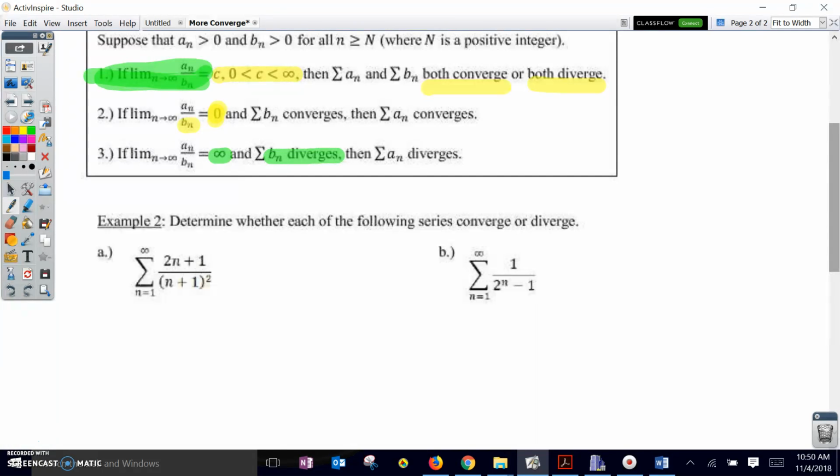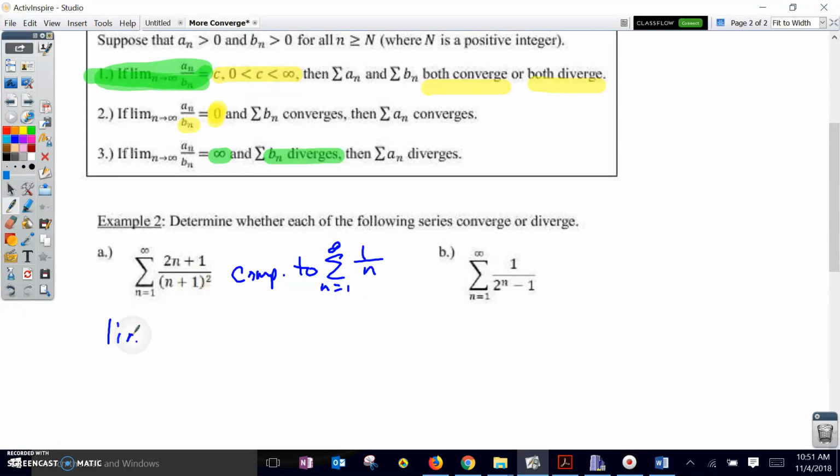So let's take a look at what this looks like. We're looking at the sum from 1 to infinity of 2n plus 1 over the quantity n plus 1 squared. If we were to expand that denominator, this is 2n plus 1 over n squared plus 2n plus 1. And the biggest term in both of these is n in the numerator and n squared in the denominator. So I'm going to compare this to 1 over n.